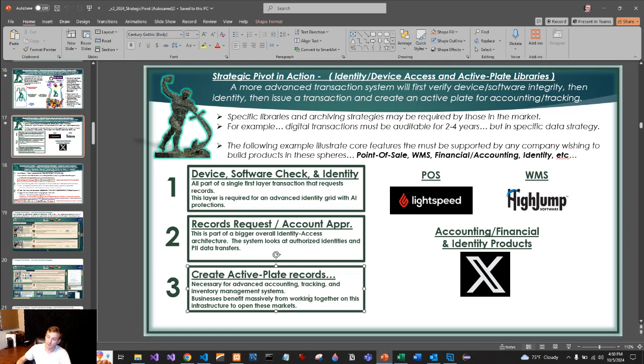Identity products is relevant. That's how they will be linked to the financial transaction system and all the networks of bank accounts through the identity products, because we can build a stronger transactional model that way. And then finally, we have our active plate record system, which is tied to UPCs.